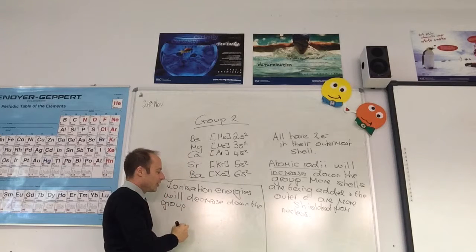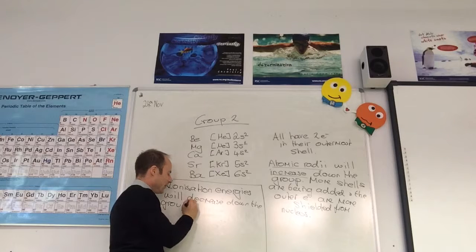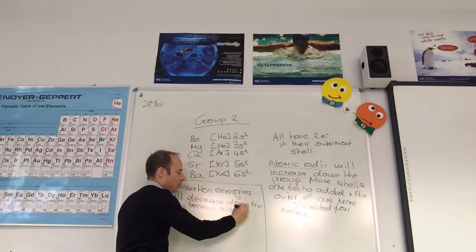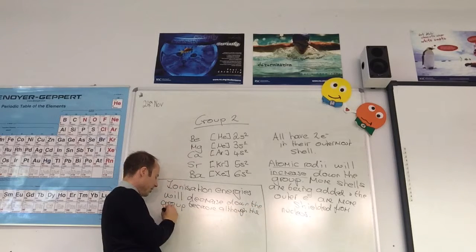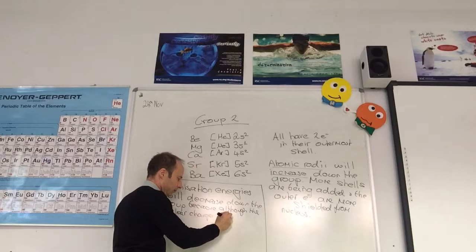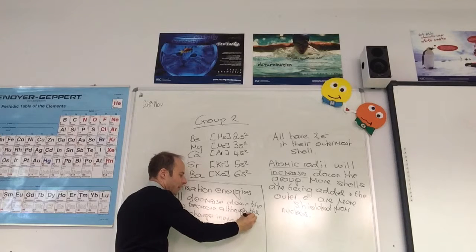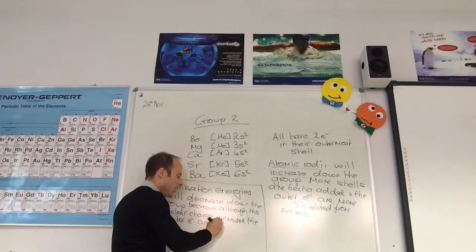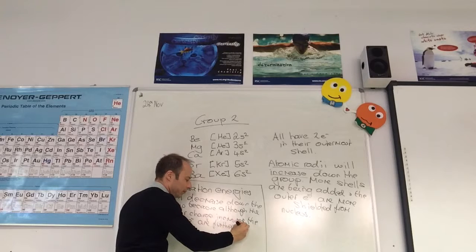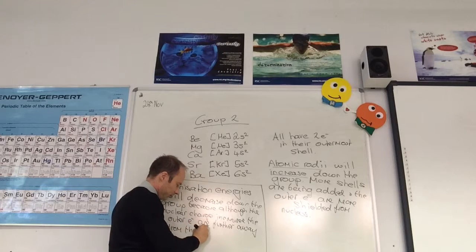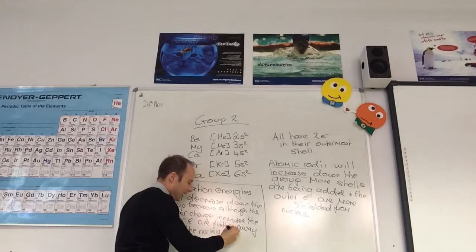So the things that we always include: they will decrease down the group because although the nuclear charge increases, the outer electrons are further away from the nucleus, and more shielded.